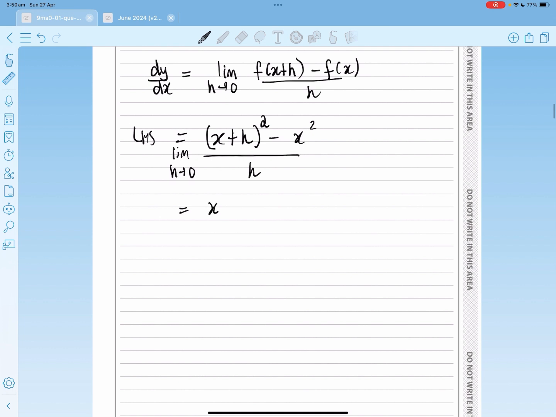Then you'd get x squared plus 2xh plus h squared minus x squared over h. X squareds cancels out.